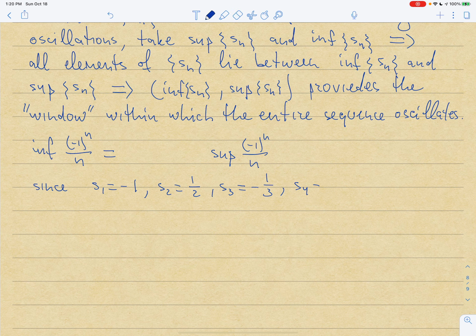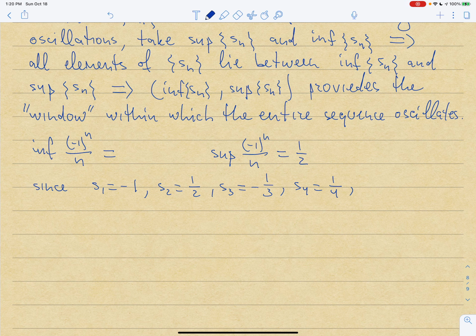S4 is 1/4. Every time I oscillate back up, I come back to a smaller value. So that means that the first positive value must be the largest. And so S2 equal to 1/2 will give me the supremum of my set.